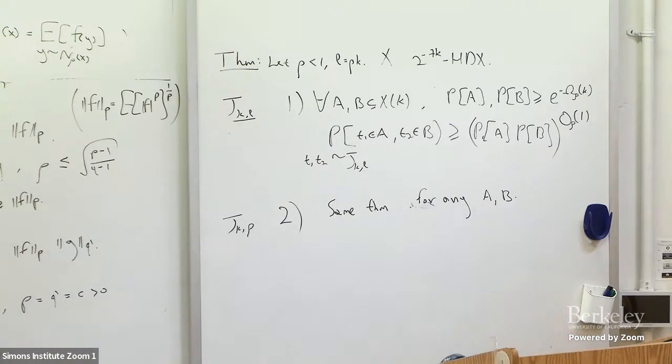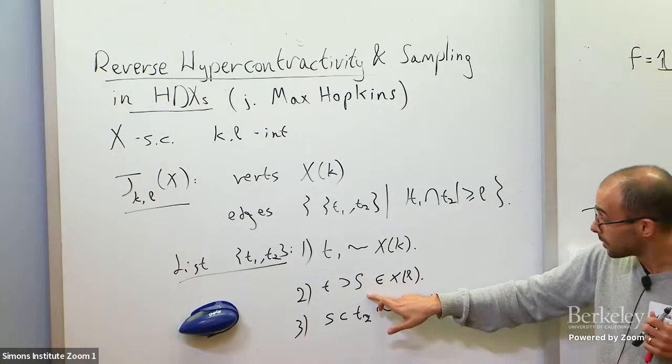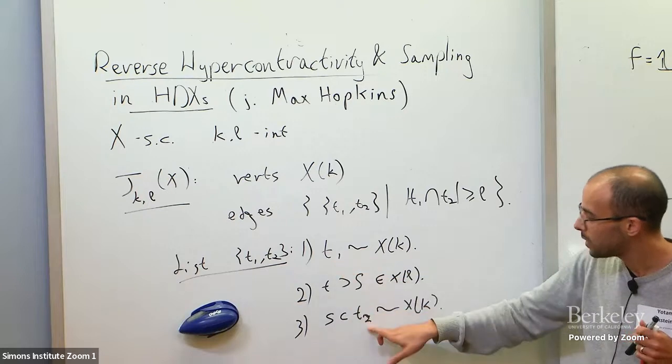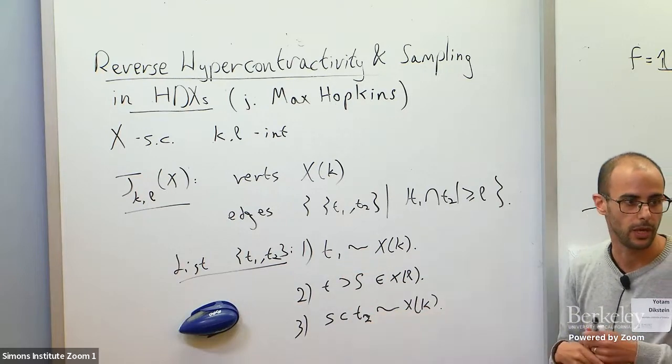Look at this distribution over here, which is the distribution on edges. It can be equivalently viewed as a distribution where we first sample this intersection. So we treat it like a first-class citizen, and then we just sample T1 and T2 independently from one another.